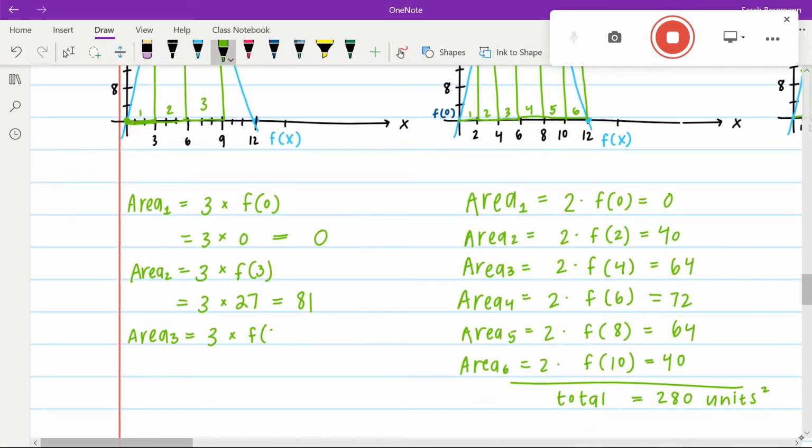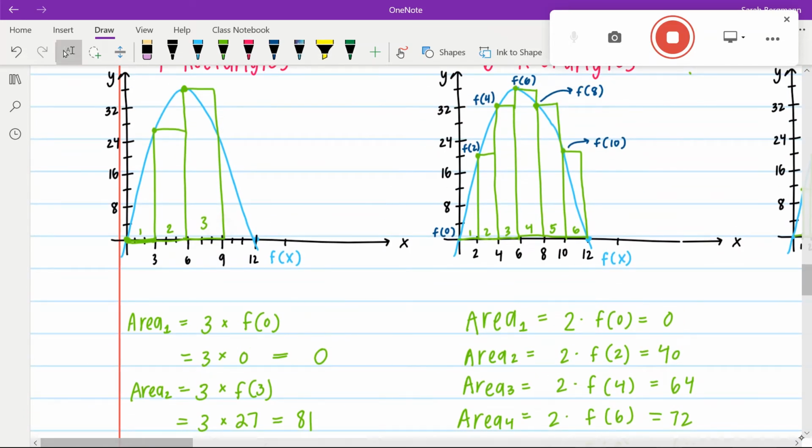So since I use 6 to find the height, I know that's f of 6. f of 6 is equal to 36. 3 times 36 is 108. So 108, that's the area of the third rectangle.